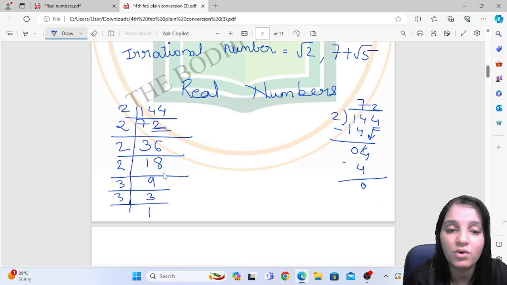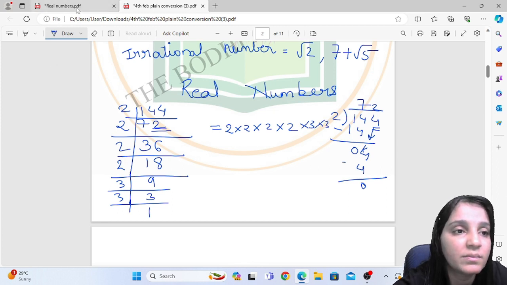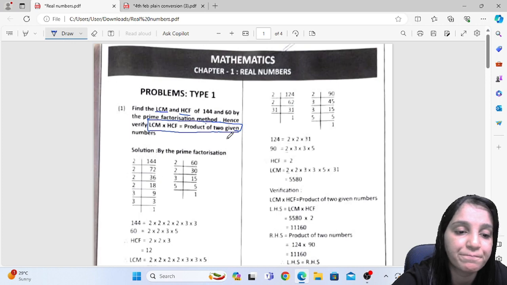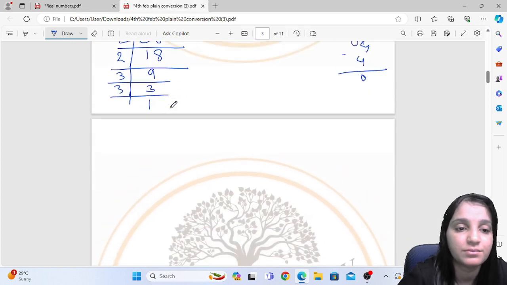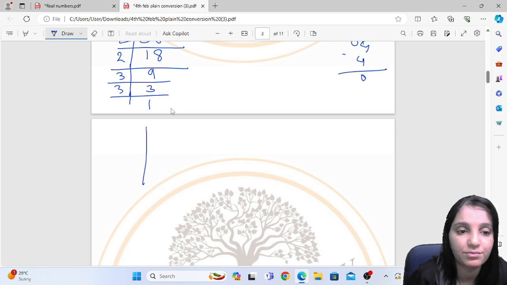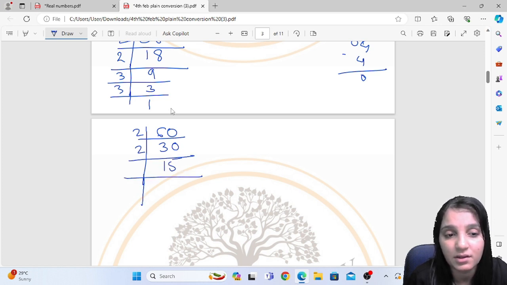So your 144 is written as 2 into 2 into 2 into 2, 4 times 2, into 3 times 3. Then the other number is 60. 2 threes are 6, 2 ones are 2, then 15.